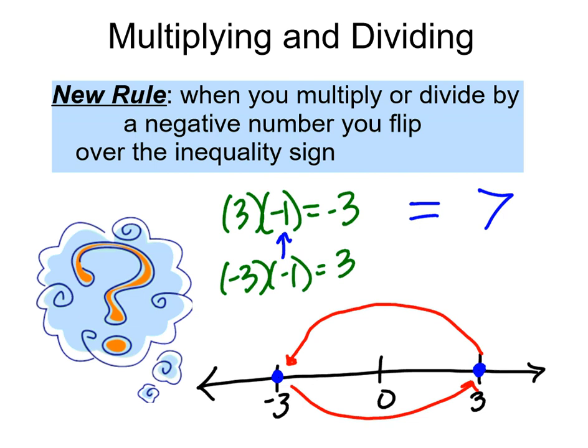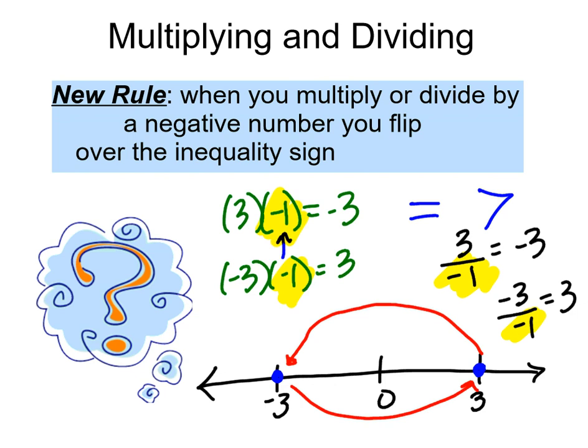Same thing's true, like I said a moment ago, about doing division. If I took the number 3 and I divided it by -1, it becomes -3. If I took -3 and divided by -1, it becomes +3. So basically, multiplying by negative numbers, dividing by negative numbers, swing the sides of the number line.